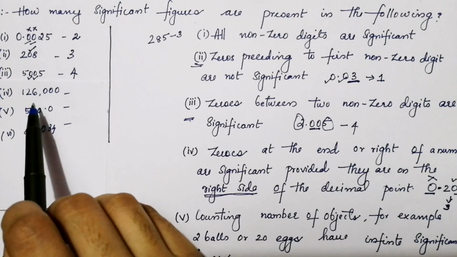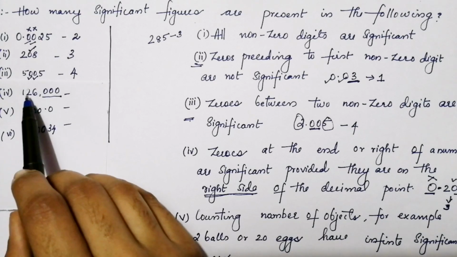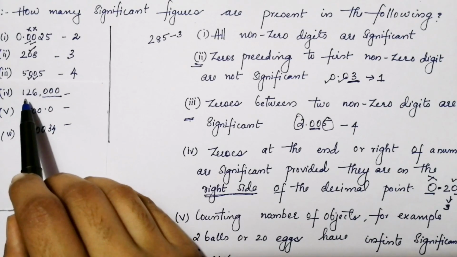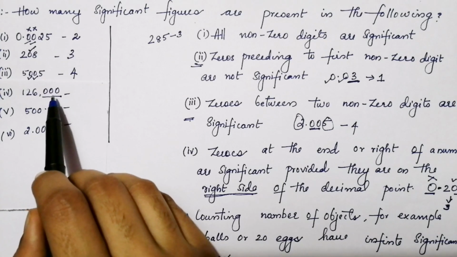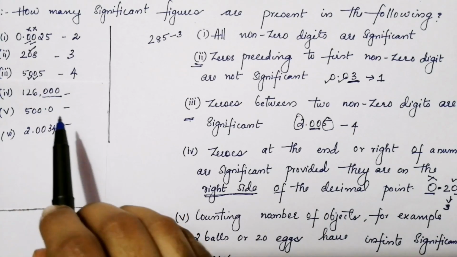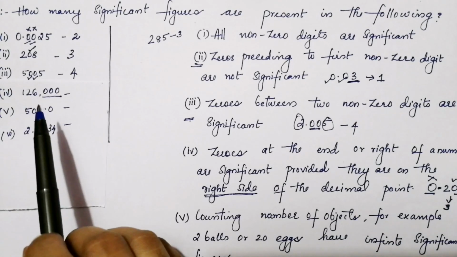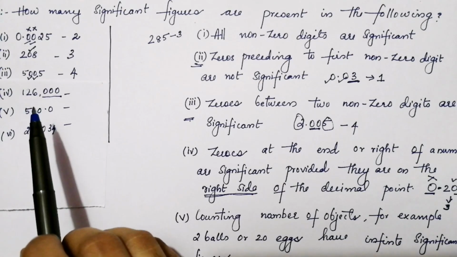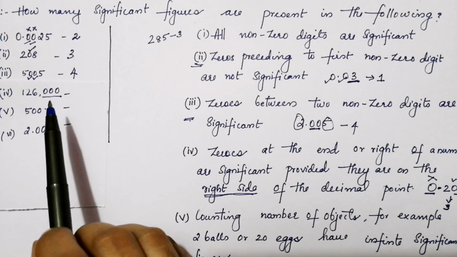Now in the next question we have 3 zeros. We already know that the first 3 numbers are non-zero digits, so they are significant. Now the question comes in the case of these 3 zeros. From rule number 4, we know that the zeros that are at the end or right of a number are significant only if they are on the right side of the decimal point.